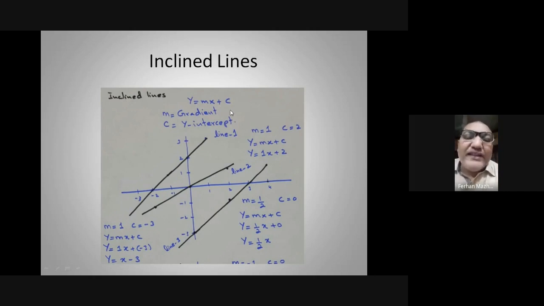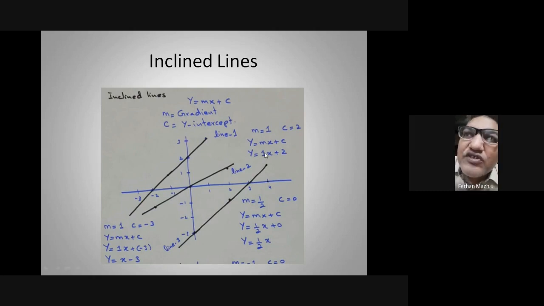If I want to find the equation of line number 1, this information is already given to me, or I can find it by looking at the graph. Its slope m is 1, the gradient is 1, and its y-intercept is 2. You write y equals mx plus c and substitute the values of m and c in this formula.